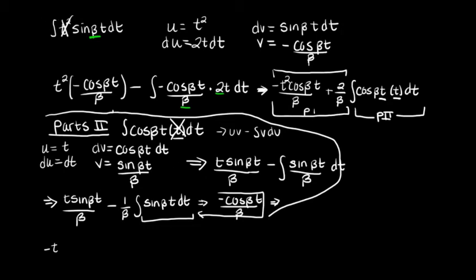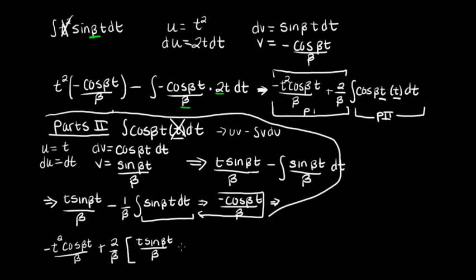So let's go ahead and rewrite our part 1. Part 1 was t squared cosine of beta t all over beta. We have a plus 2 over beta. Perfect. Now we're going to multiply in our parts 2. So let's just go ahead and add this straight in. So we have a t sine beta t all over beta.